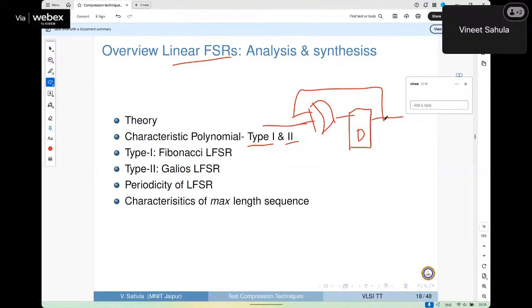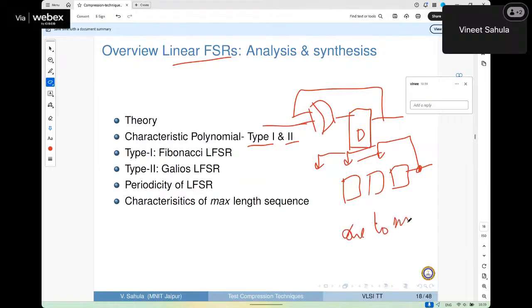If I have multiple of these D flip-flops, there could be a single output which can feed all of them. This is one to many. A single output feeds every flip-flop at the back side. So one output, one tap feeds many, one to many.